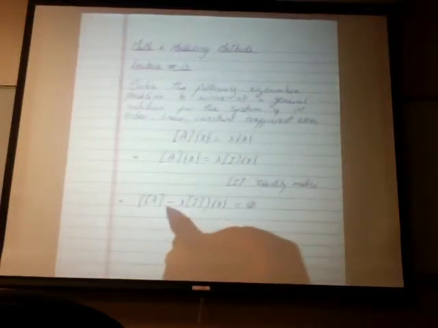Alright? So what are the options for these? Well, this is a product of a matrix times a vector. So for this to be 0, either the vector has to be 0 or the matrix has to be 0. So how do we state this?